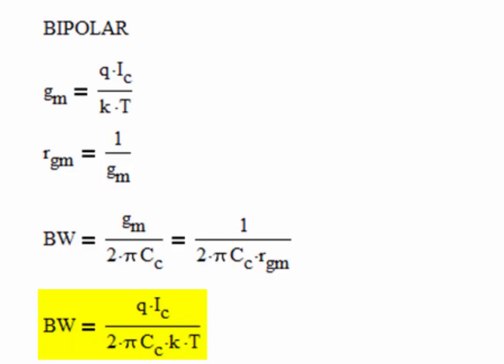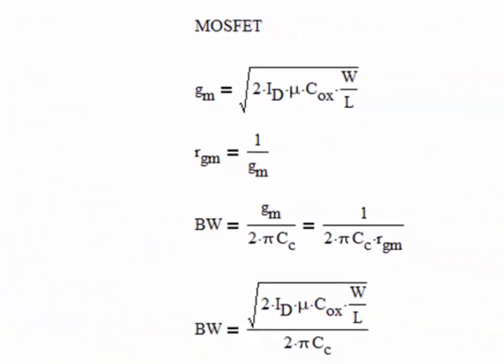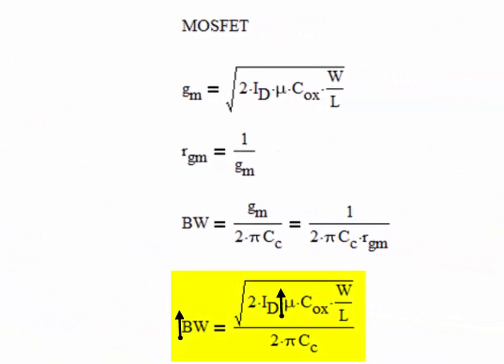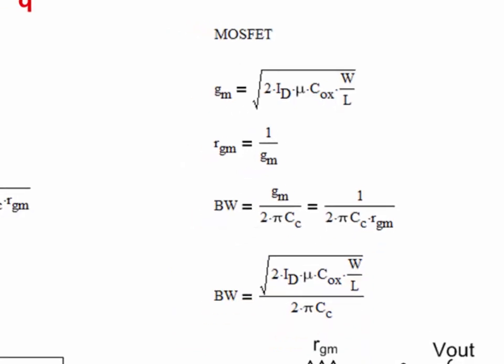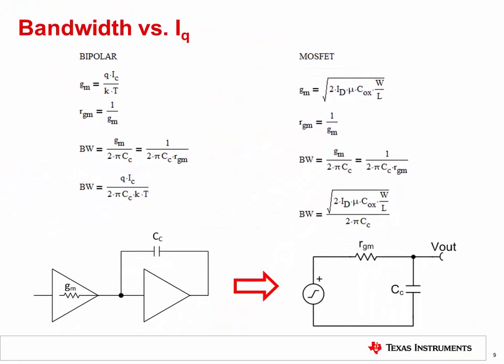This relationship shows that increasing current consumption directly increases the bandwidth of the bipolar op-amp. For a MOSFET, however, the bandwidth will increase proportionally to the square root of the drain current, ID. Therefore, MOSFET devices require a greater increase in current than bipolar in order to increase the bandwidth.